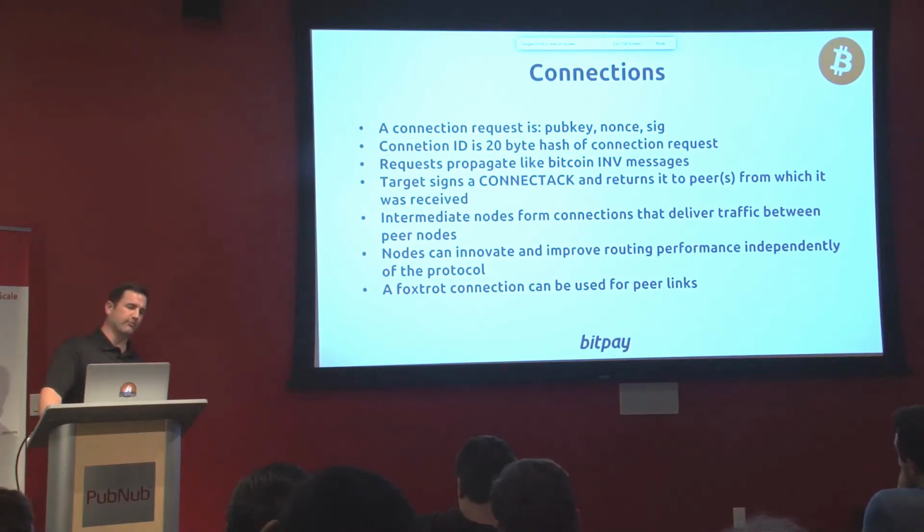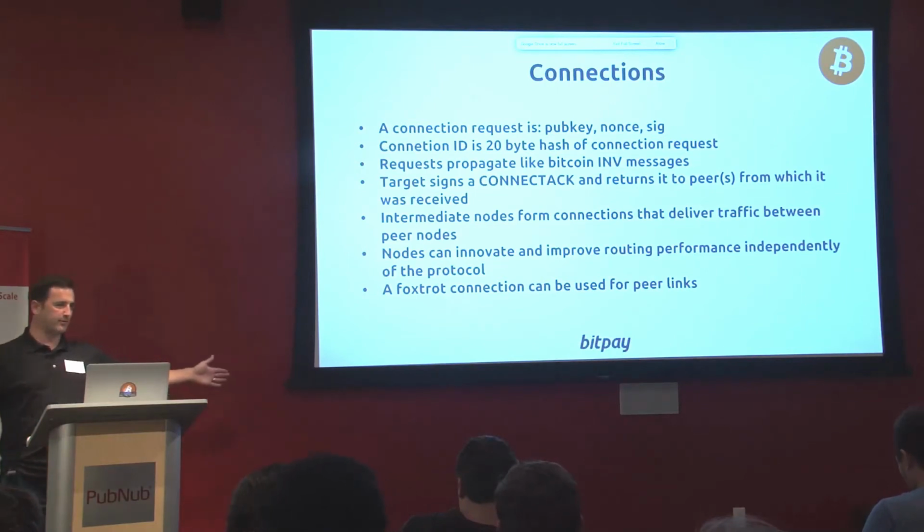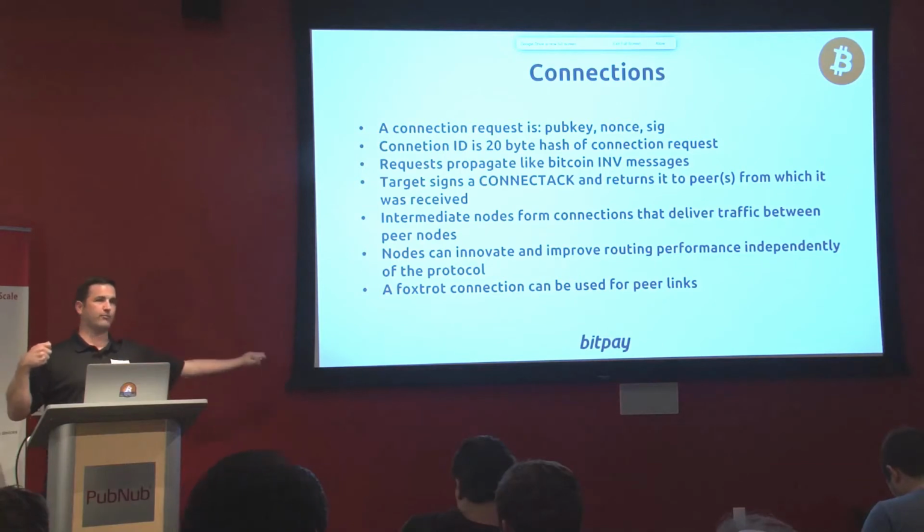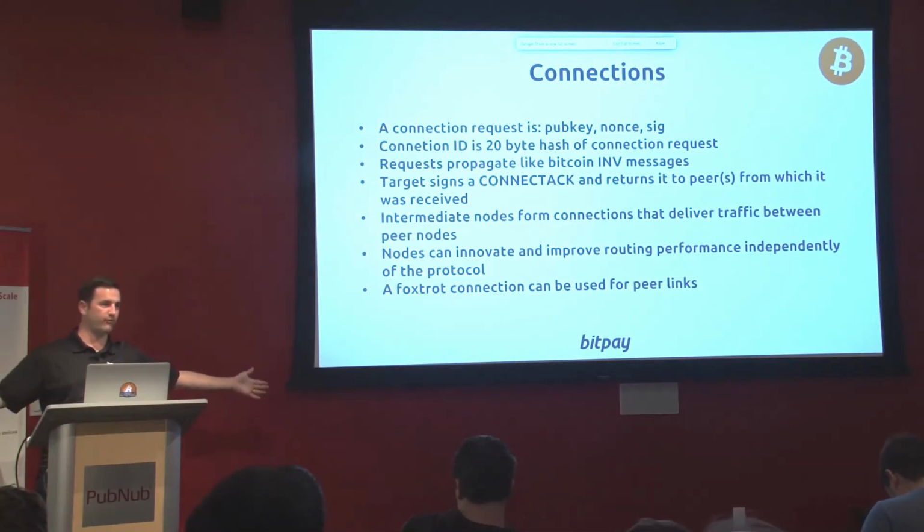One of the important aspects of the design here is that nodes can innovate and improve routing performance independently of the protocol. So what we've implemented so far is a really dead simple approach to that routing. I hear about a connect, I propagate that connect request, I hear an ACK back from, say, this particular peer, and then I retransmit it back to where I heard the original request come in from, and now I've formed a connection.